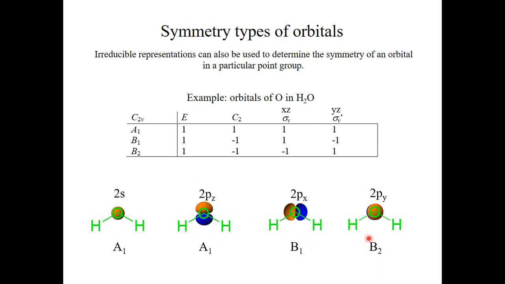Now, group theory is even more powerful than just predicting the symmetry types of orbitals. It can actually predict the symmetry type of any mathematical function in a particular point group. So recall, orbitals are mathematical functions because they are wave functions.